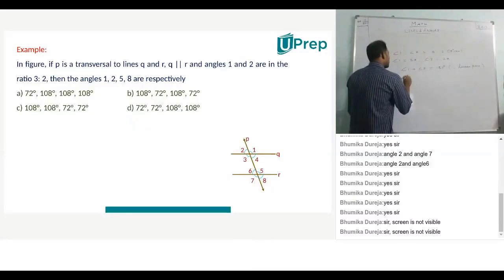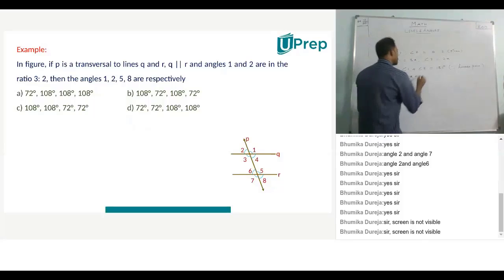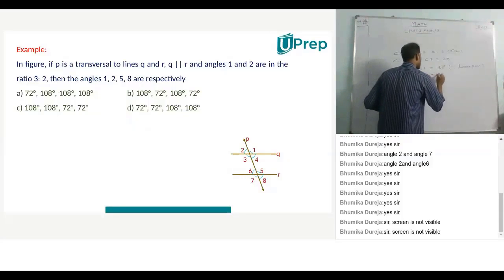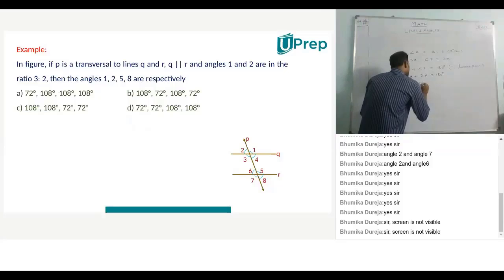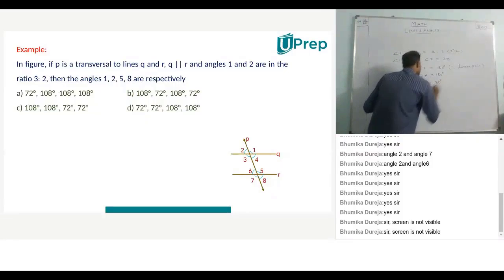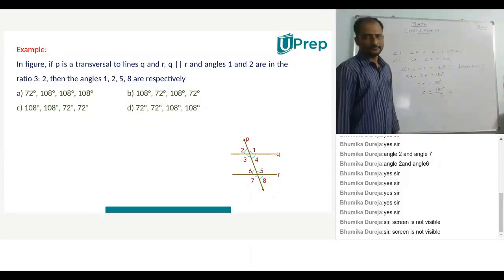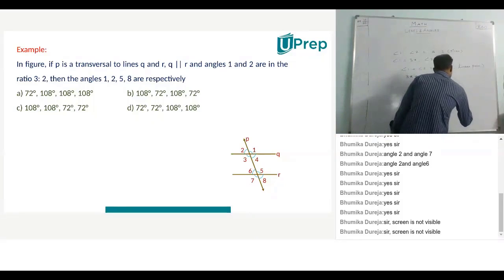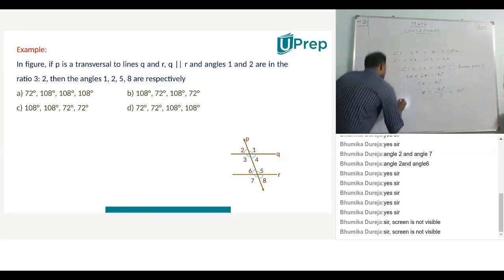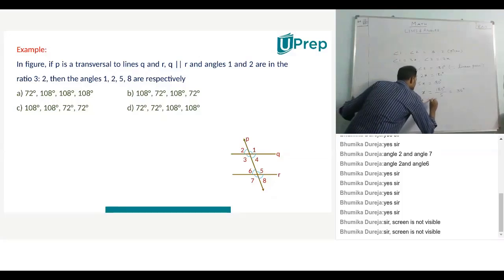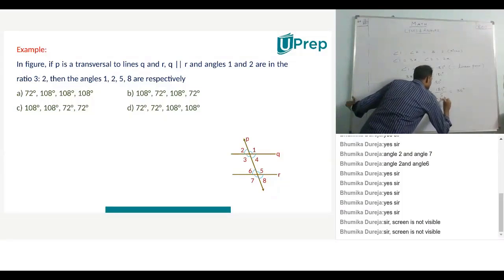Now angle 1 is 3x, angle 2 is 2x, equal to 180 degrees. So 5x is equal to 180 degrees. x is equal to 180 degrees upon 5. What is the value of 180 upon 5? 36. Absolutely right. 36 degrees. So what will be the measure of angle 1? 3x, which is nothing but 3 into 36 degrees, which is equal to 108 degrees.